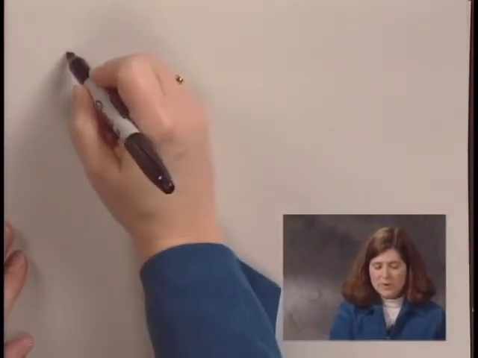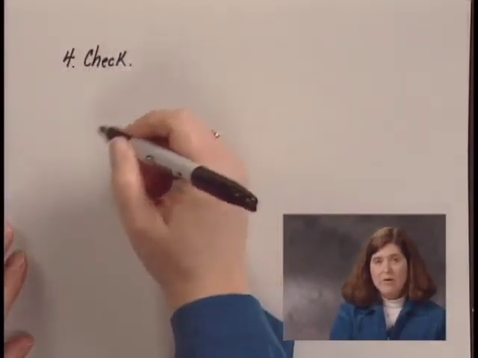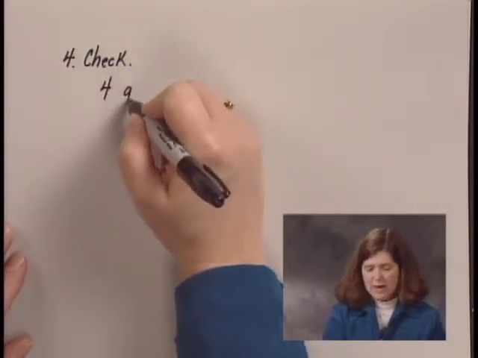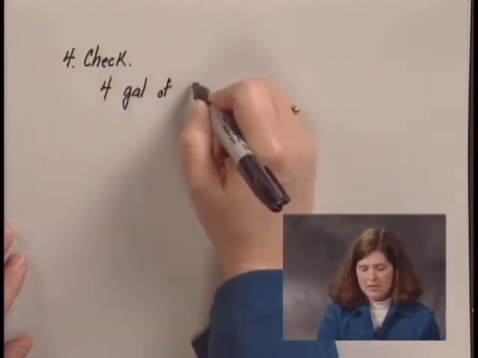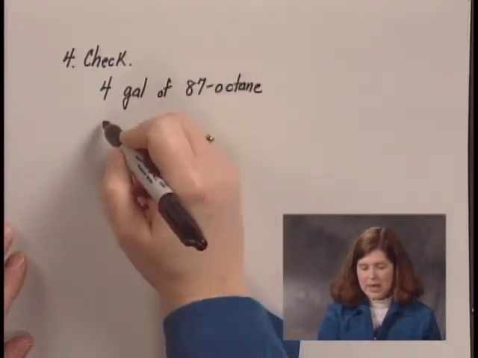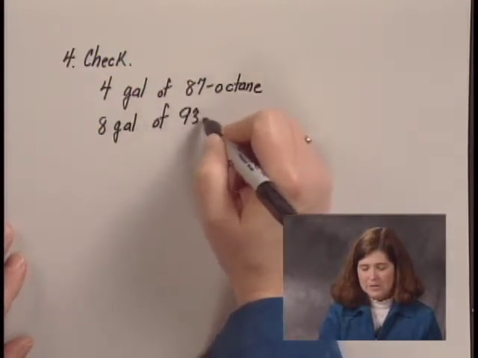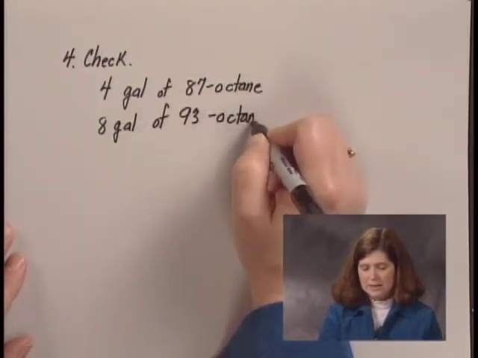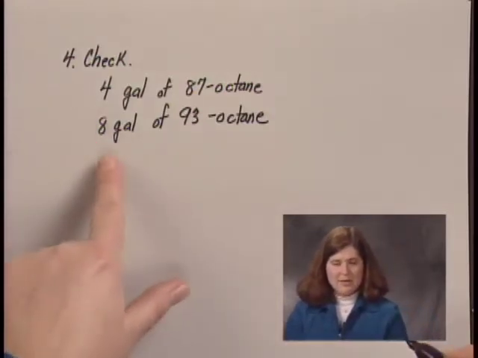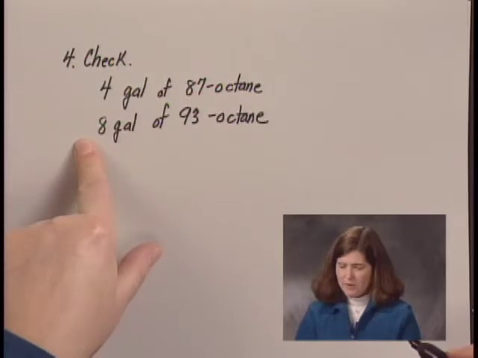I move to my fourth step, which is to check the answers. My possible solution said I had 4 gallons of 87 octane gas and 8 gallons of 93 octane gas. I can see that I would have 12 gallons of the mixture, which is what I'm looking for, 4 plus 8.